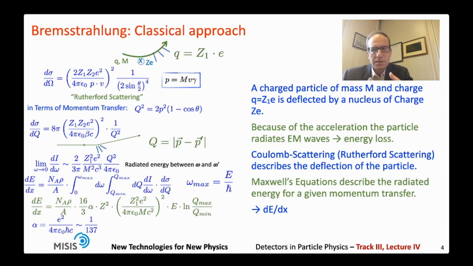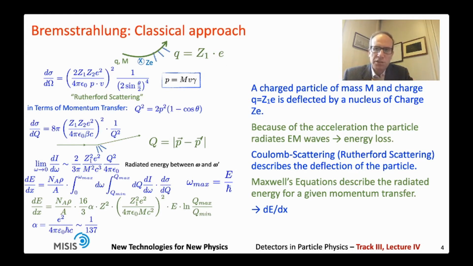And so once you have described the cross section of the process, then you have the emission of radiation, which is indeed described by Maxwell equations.